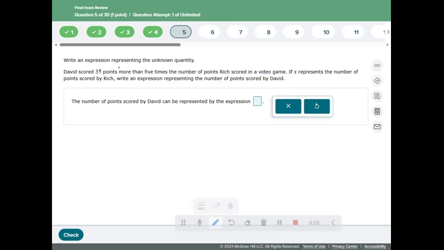So more than means we're going to add, and 5 times the number would be 5x. And we would just put our 35 here. So we would have 35 plus 5x.